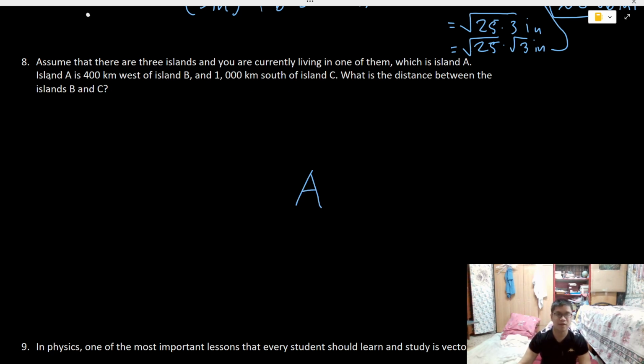According to the given, island A is 400 kilometers west of island B. So that means if you're in island B and you look to the west, you will locate island A. So if this is B, you will have this one, 400 kilometers west.